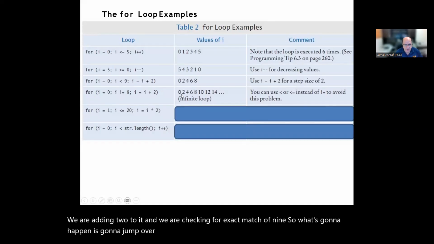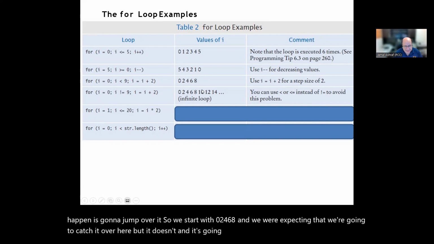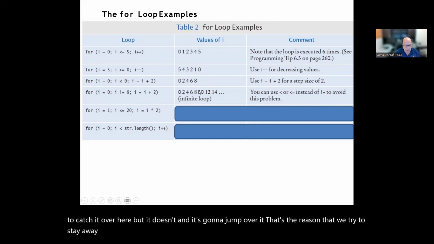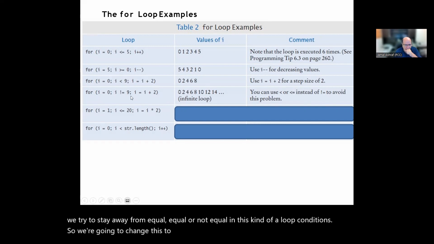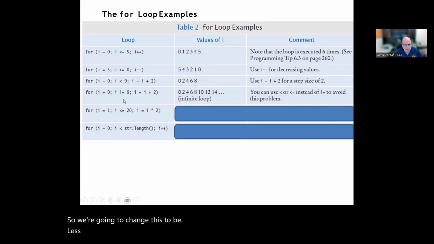We start with 0, 2, 4, 6, 8. We were expecting to catch it over here, but it doesn't, and it jumps over it. That's the reason we try to stay away from equal equal or not equal in this kind of loop condition. So we're going to change this to be less than or in that manner.